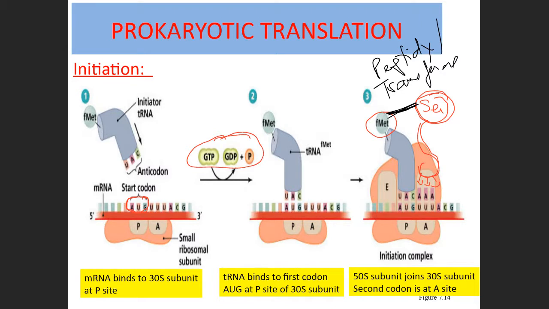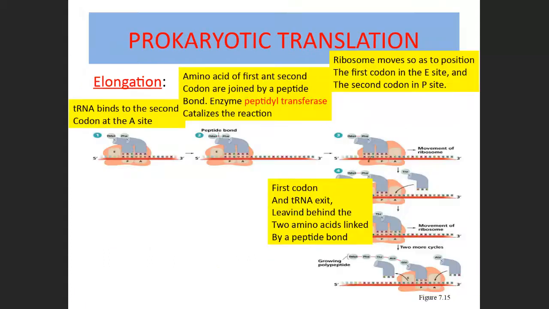Next thing that's going to happen is that the ribosome is going to move both subunits to the next portion, and this tRNA is going to leave. So we have the peptide bond formed by peptidyl transferase.